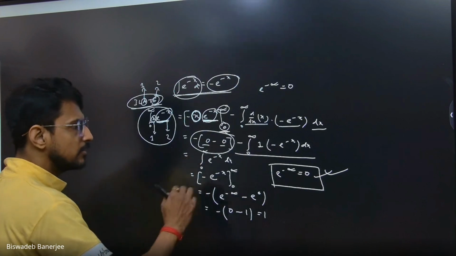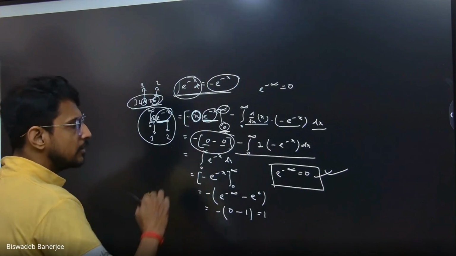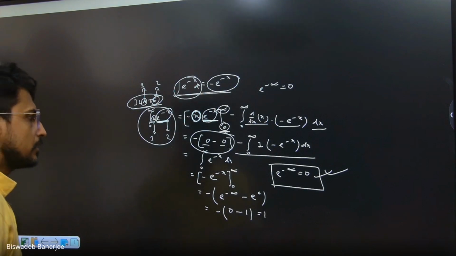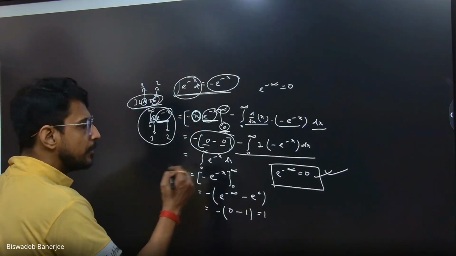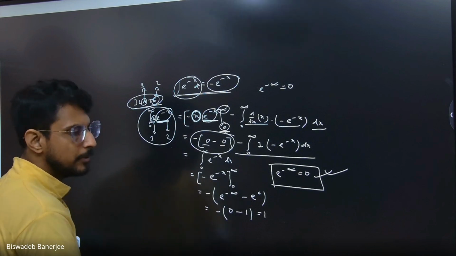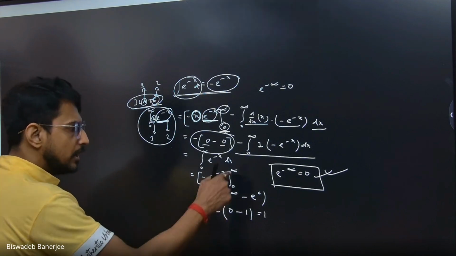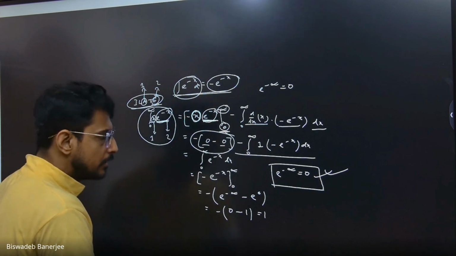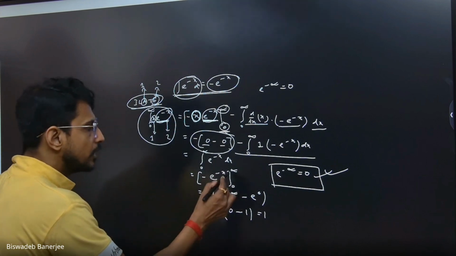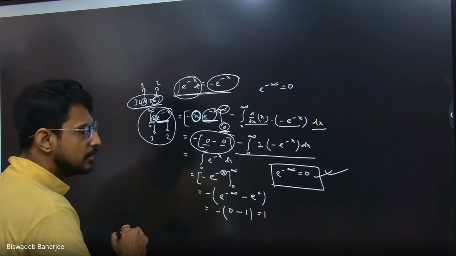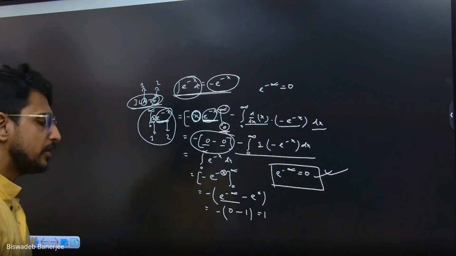Minus minus plus, the integration from 0 to infinity of e to the power minus x. Then the integration of e to the power minus x will be minus e to the power minus x over the limit 0 to infinity. Again, the same thing: put the upper limit here, that will be e to the power minus infinity.